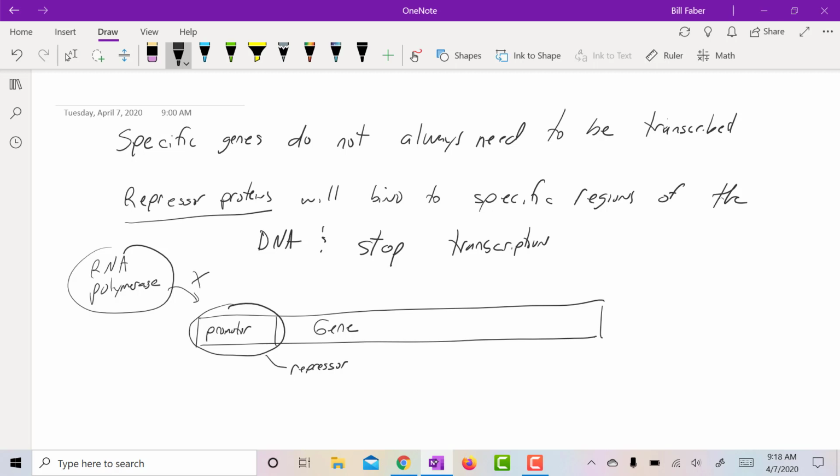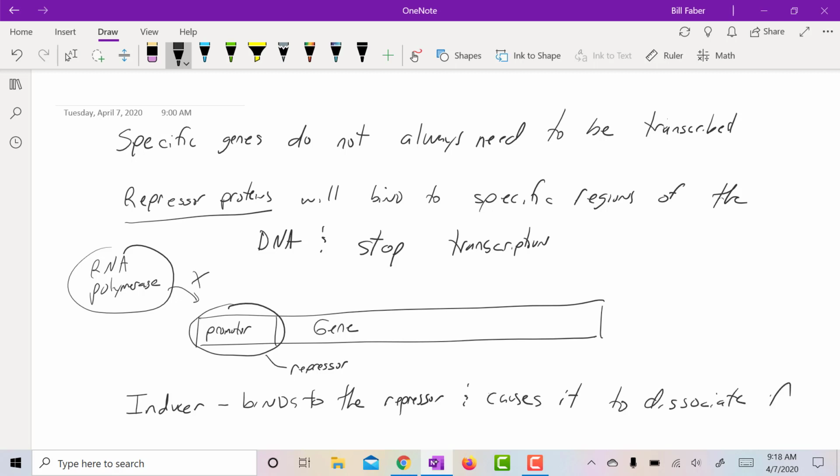Well, you might not want that to happen forever, and so there are other molecules called inducers. And this binds to the repressor and causes it to dissociate from the DNA. So you can have this idea that there's something that's getting high enough concentration that's going to bind to this somehow, and this might be a little inducer molecule like a triangle here.